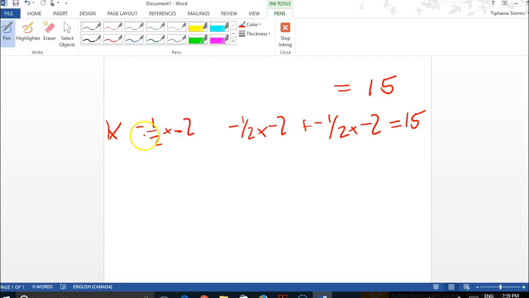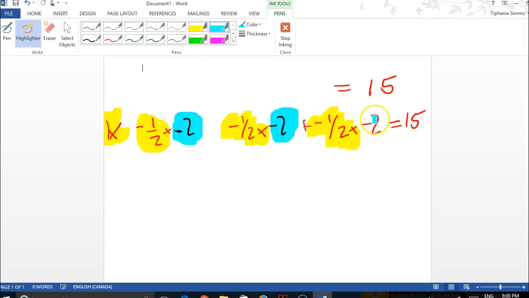So I have 1x over here. So we have 1 minus 1/2 minus 1/2 minus 1/2. Let's combine some like terms going on here. I'll do my x's all first, and I'll highlight them like this so I can see them and not miss them. Then we'll highlight my other terms, like so. Minus 2, minus 2, minus 2, that's minus 6.